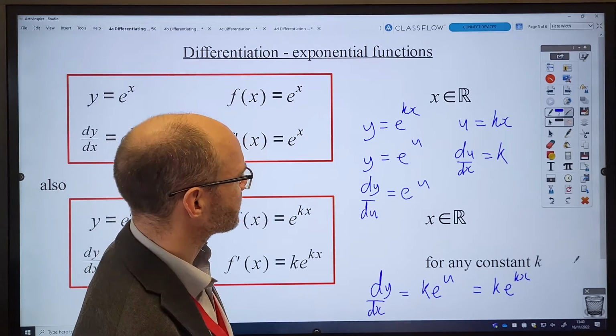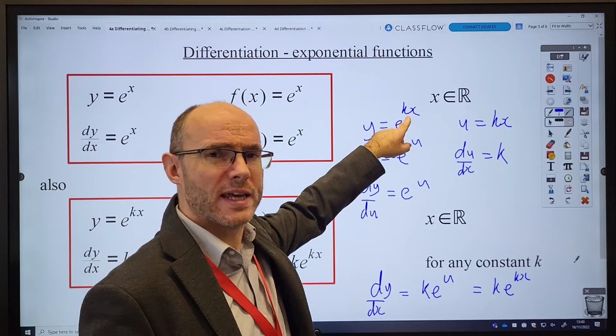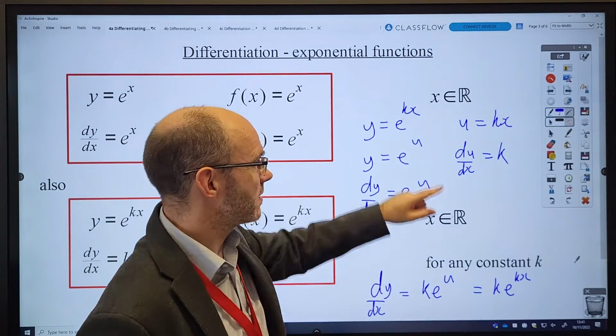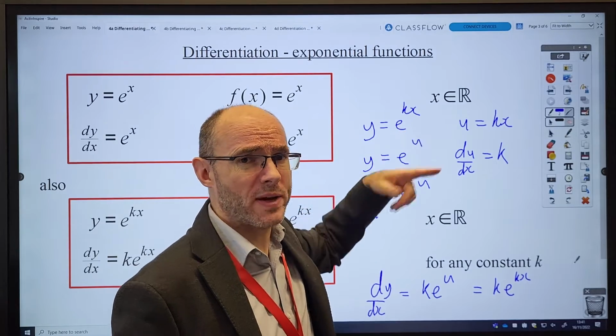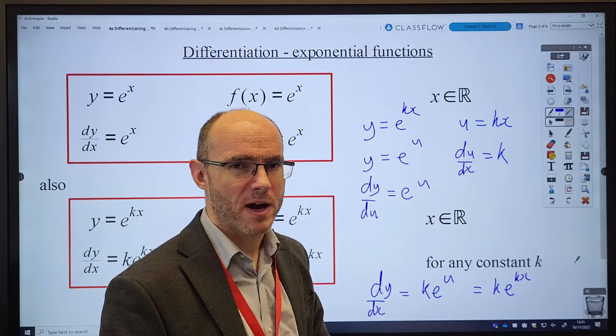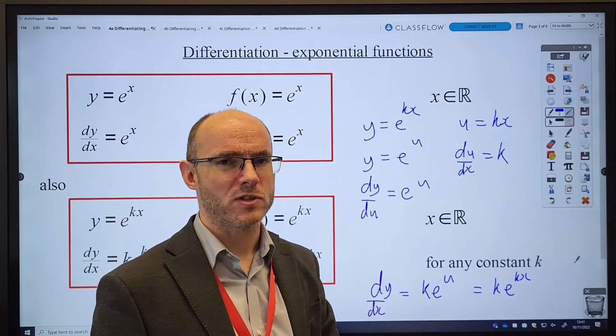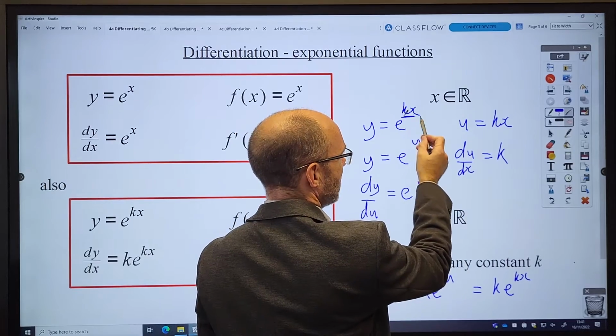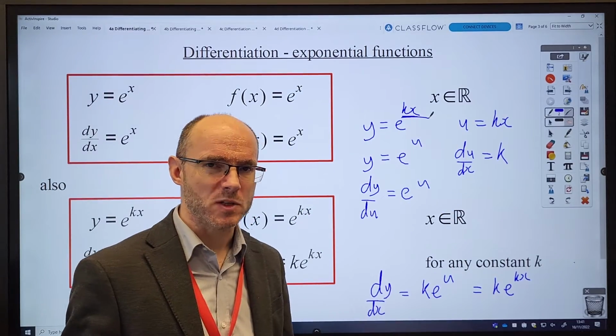That is to say, when you're differentiating an exponential, e to the power of something, that power will always remain unchanged. Because when you differentiate e to the power of something, you're not changing the power. What you do change is the coefficient of e to the power of that, and what you do is you differentiate the power. So differentiate kx with respect to x, you get k.